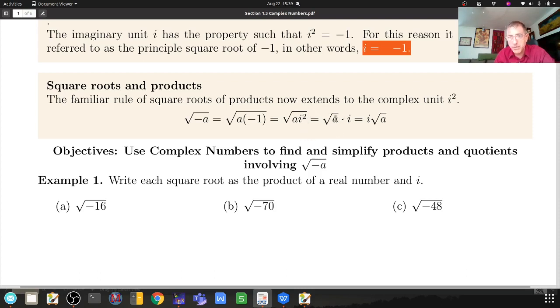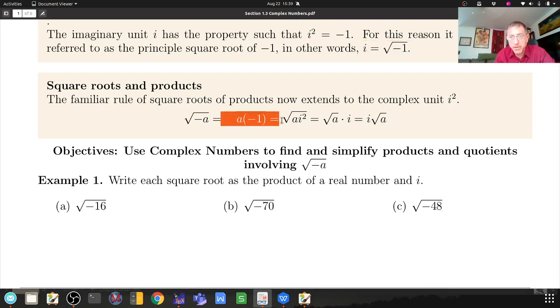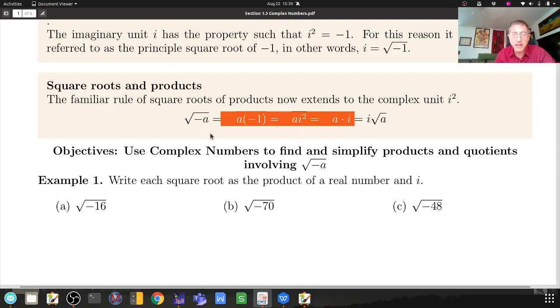But the square root of a still remains, and instead of writing it the square root of a times i, we write it i times the square root of a. So all of this middle part right here is just the steps. And we're now perfectly justified, since we've seen the steps, to start out, if I'm given the square root of minus a, and a is positive, then we can immediately write that's equal to i times the square root of a.